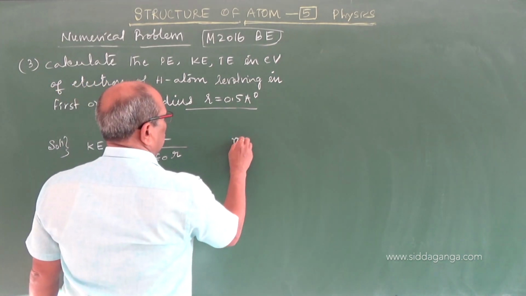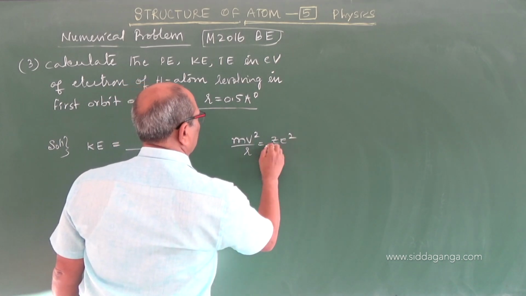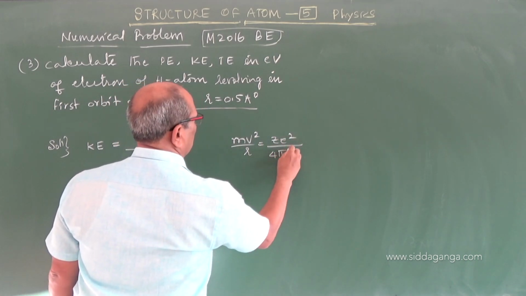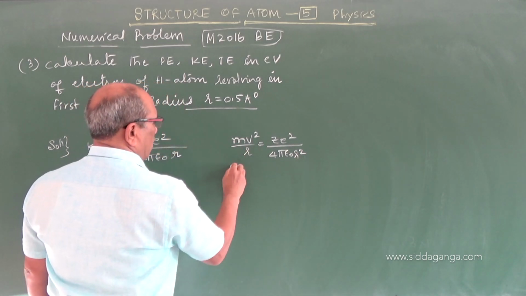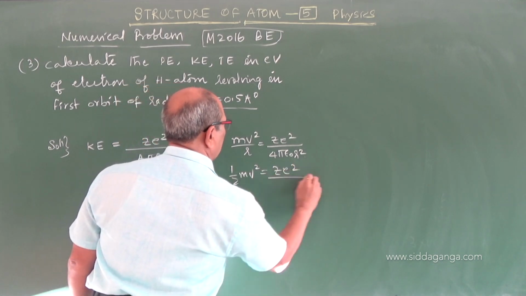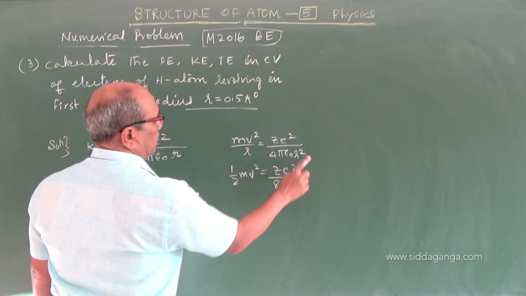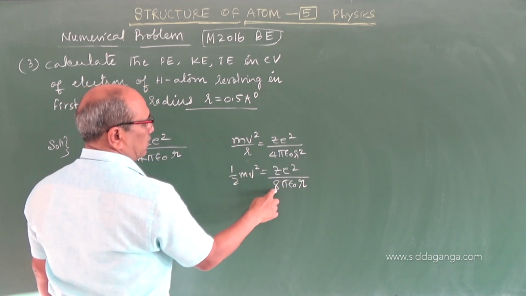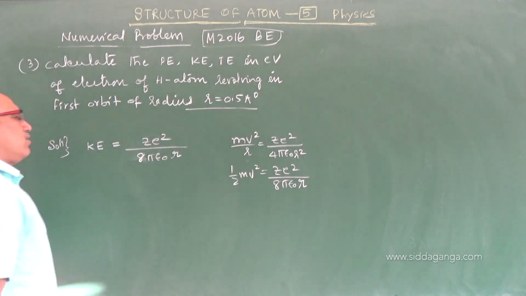How? Because you know mv square by r is equal to z e square by 4 pi epsilon naught r square. So half mv square, the kinetic energy, is z e square by 8 pi epsilon naught r. One r gets cancelled. Half mv square is z e square by 8 pi epsilon naught r.